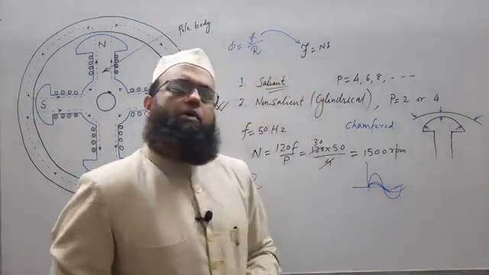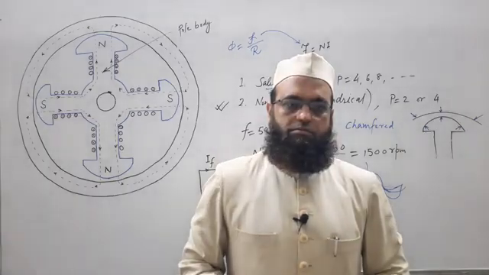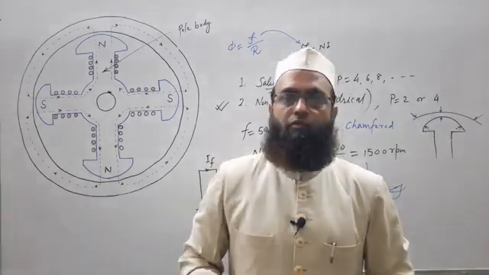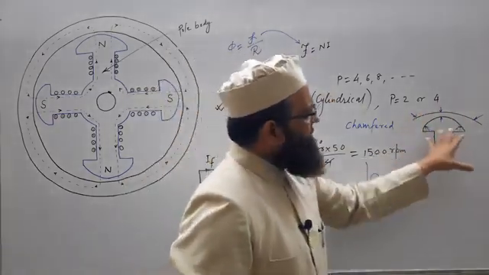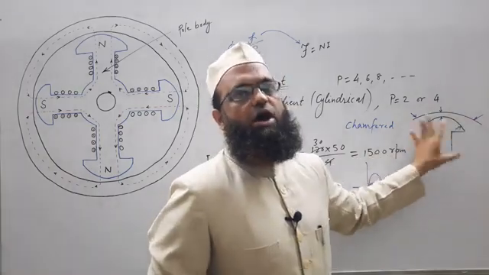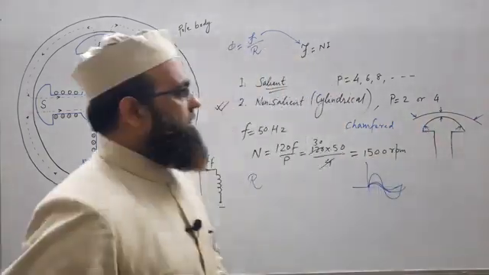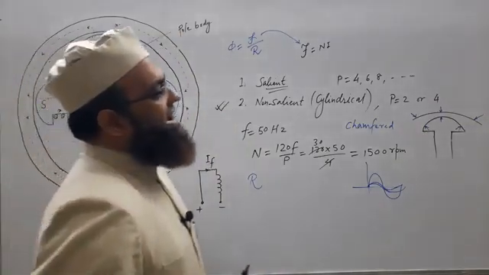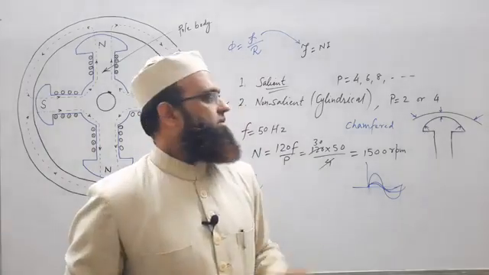So depending upon your requirement of peak value or depending upon your form factor, maximum value, whatever, we have different designs of such varying air gap for our salient pole. So far we covered why we need a chamfered pole. What is the reason behind this?